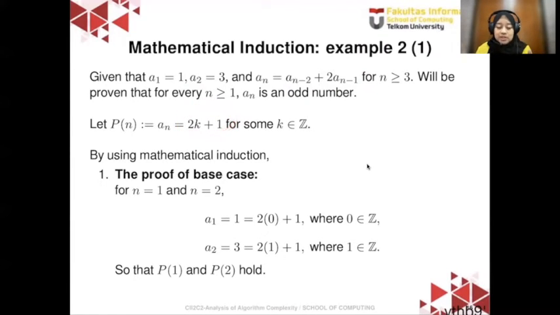It's 2 times some integer plus 1, which means it is an odd number. And a_2 is 3, which is an odd number, or we can write it as 2 times some integer plus 1. So we can say that P_1 and P_2 hold.